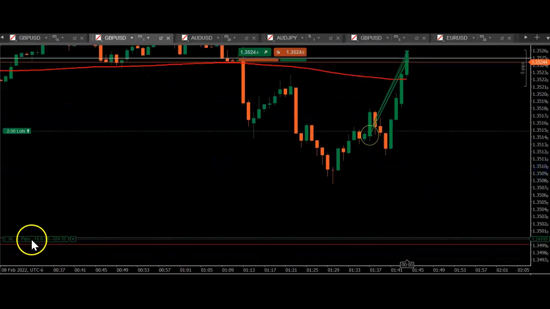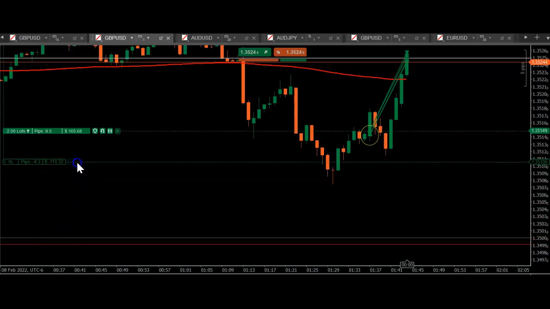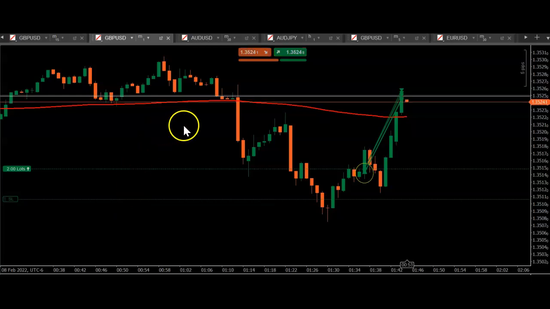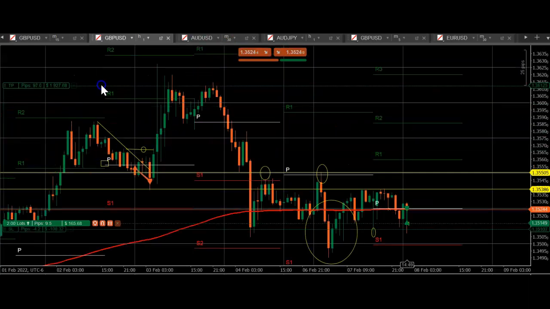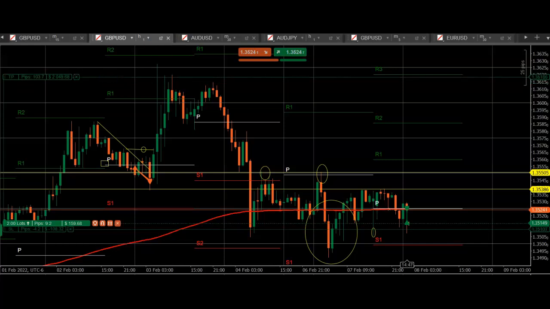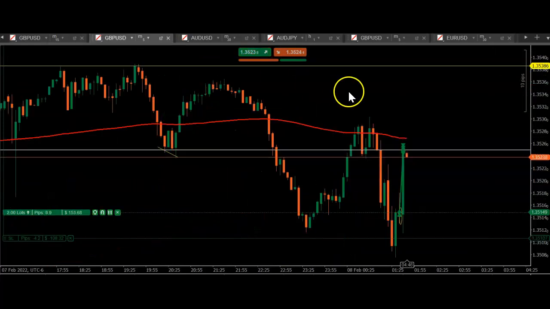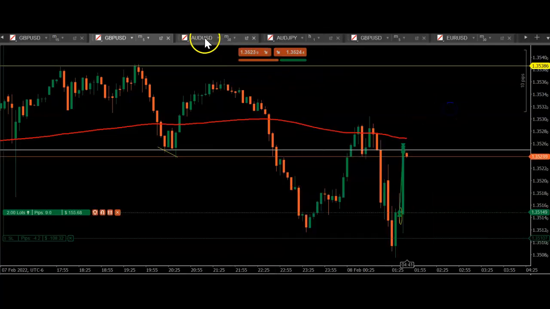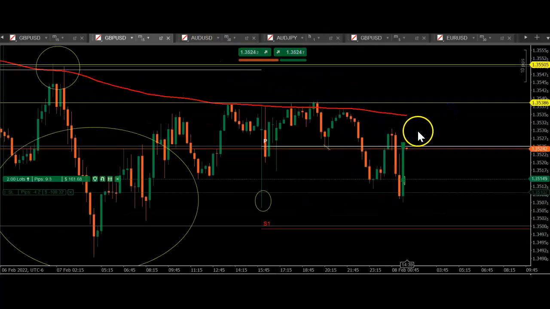I'm going to move my last stop loss to about 4 or 5 pips. The last take profit we're going to move up to 100 pips in case we get a nice run tonight. Now let's have a look at the 5-minute and 15-minute candles.